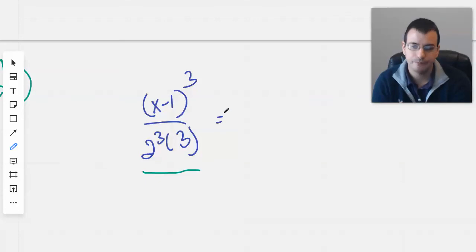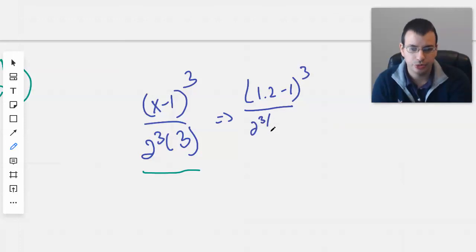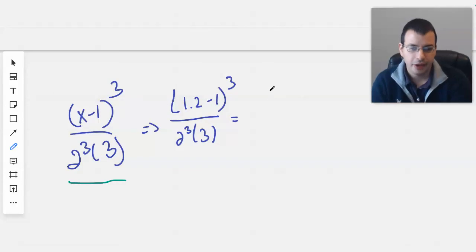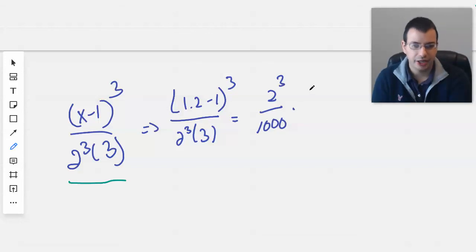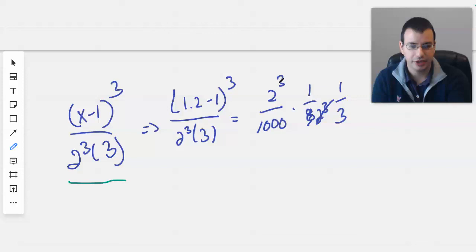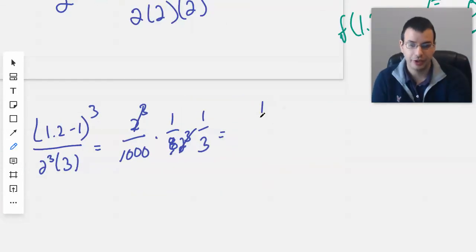So we have (1.2 minus 1) cubed over 2 cubed times 3 equals 0.2 cubed, which would be 2 cubed over 10 cubed, which is 1,000, times 1 over 8, which is 2 cubed, times 1 over 3, cancel, cancel, equals 1 over 3,000.